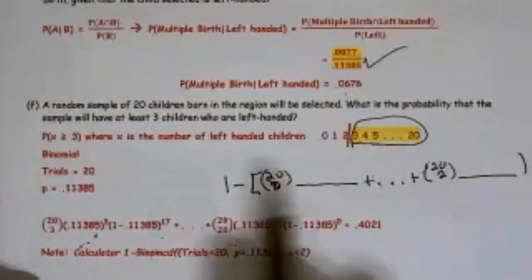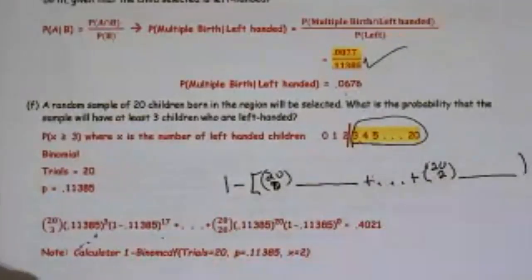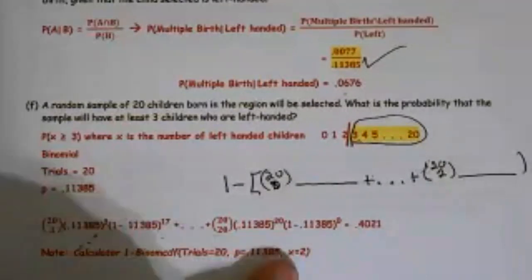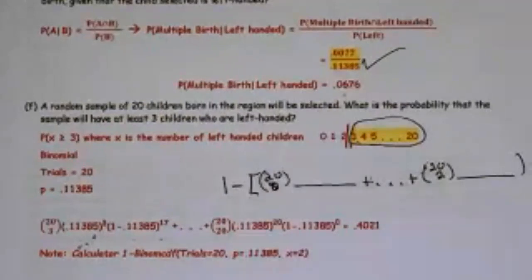But that would take care of showing the work for the binomial. And then we just plug it into the calculator as a binomial CDF. Trials is 20, probability is this, and we're subtracting out 2. We're always subtracting out the smallest value and the largest value that we don't want. And we want 3, so we don't subtract it out. We don't want 2, so that's what we subtract out.